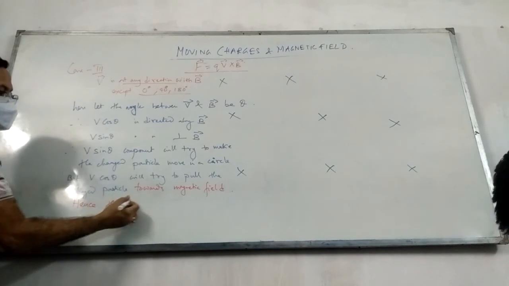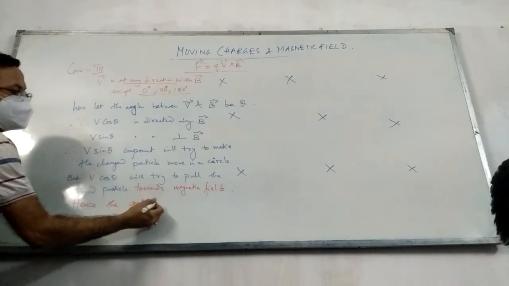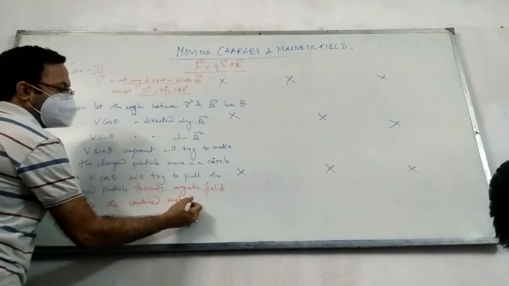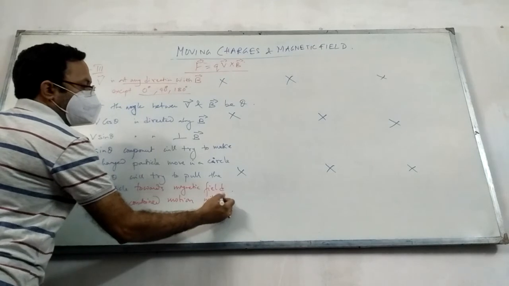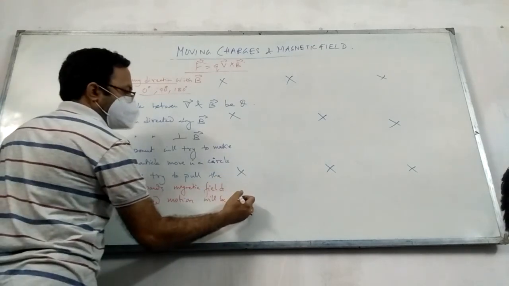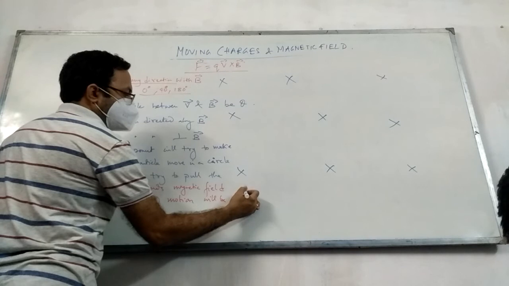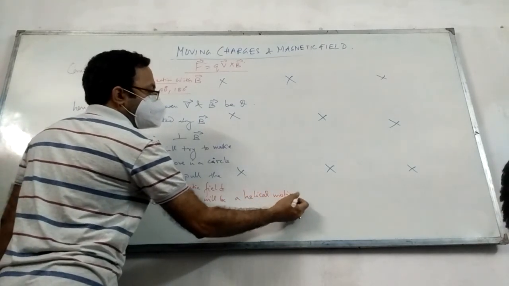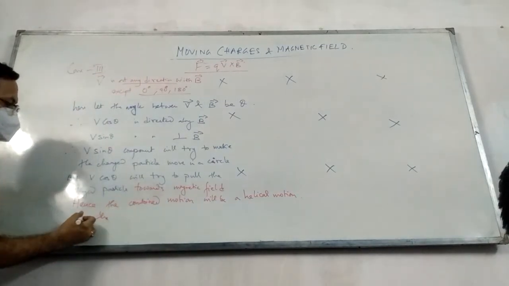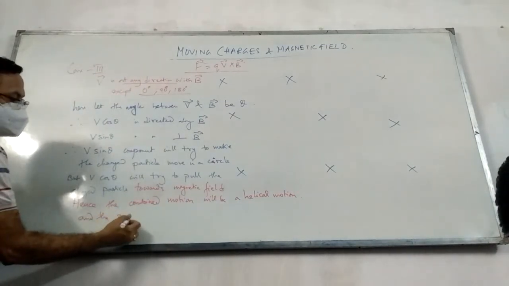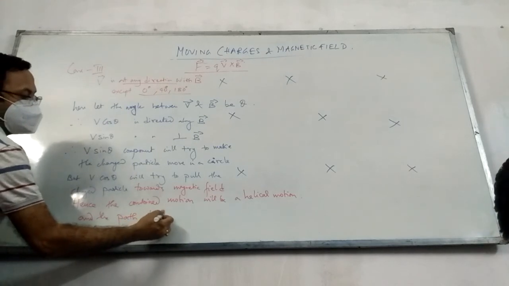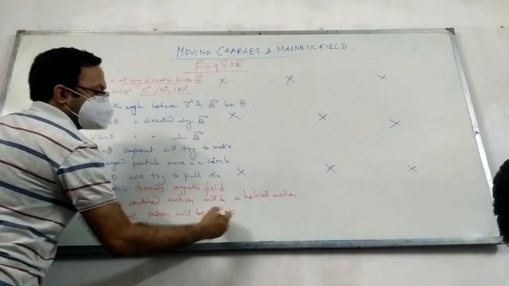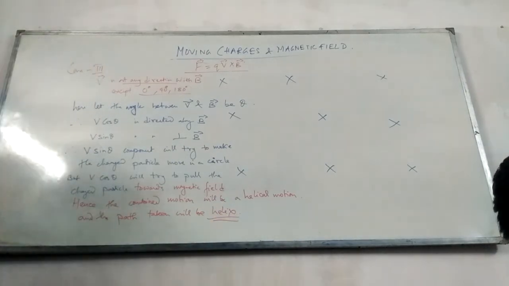Hence, the combined motion will be helical motion, and the path taken will be helix. So, how does the helix look like?